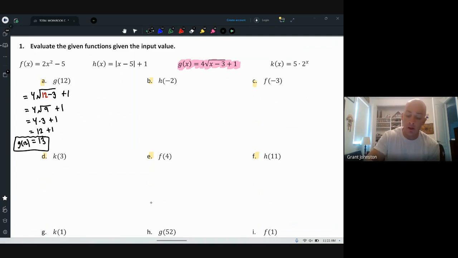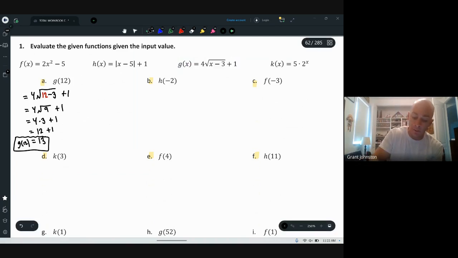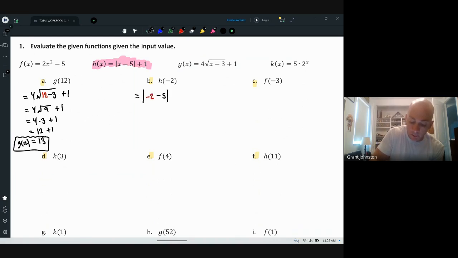So h of negative 2, obviously we'll be using the h equation. So I'm going to put in negative 2 there. These are absolute value bars. Hopefully you remember what those are. Negative 2 minus 5 is negative 7.